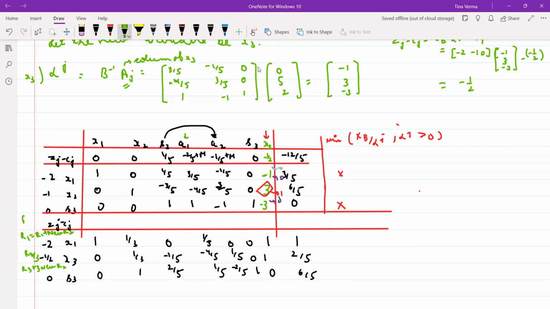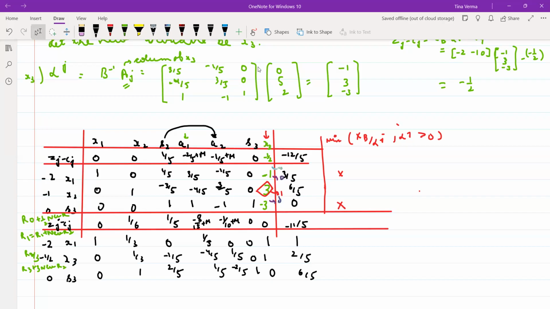You will also apply your row operation on R0: R0 plus half times your new R2. So this will become 0, 1 by 6, 1 by 5, minus 8 by 15 plus m. This is minus 1 by 10 plus m. This is 0, this is 0, and this entry comes out to be minus 11 by 5.